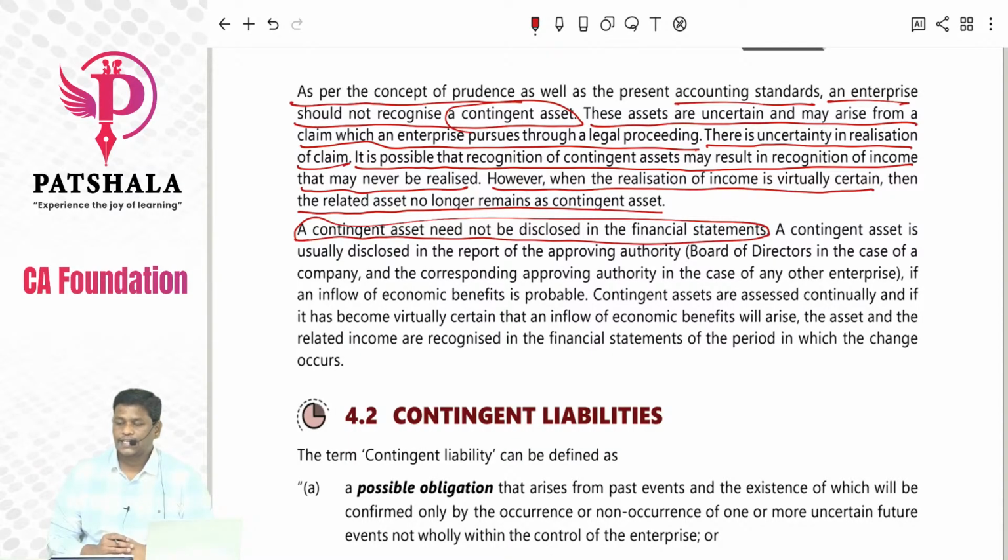Full stop. It can be disclosed in notes to accounts or board of directors' reports if it is probable.